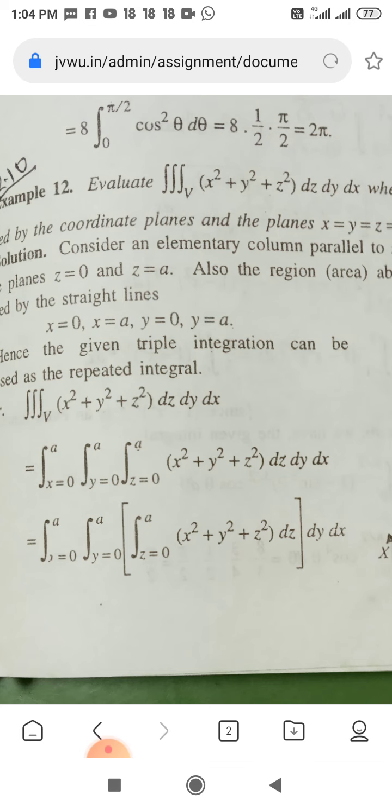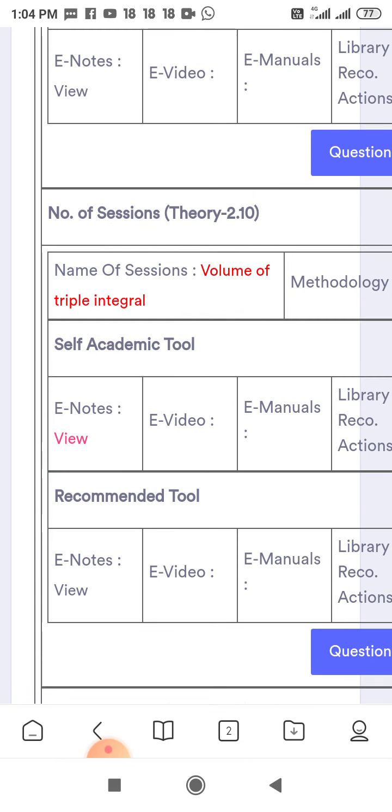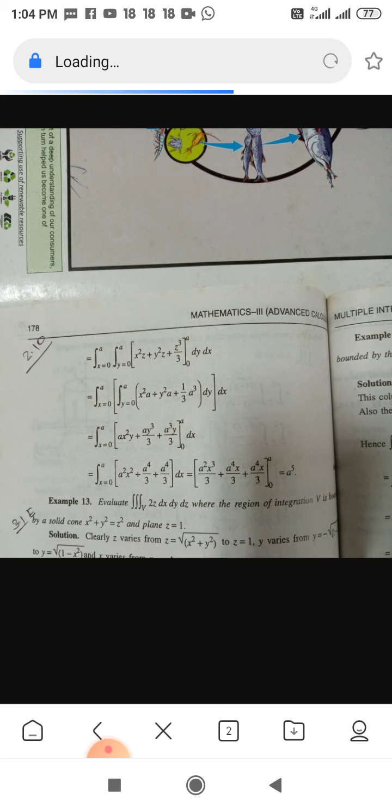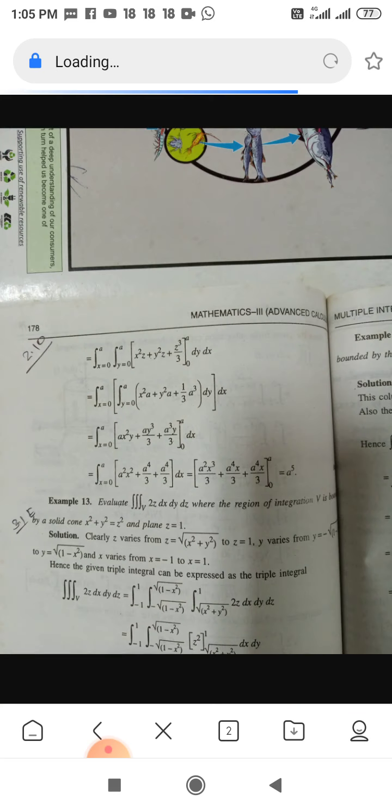So first of all it is integrated with respect to z, and x square and y square are treated as constants, and only the z function is integrated here. x square becomes x square z, y square becomes y square z, and z square becomes z cube upon 3, with lower limit 0 and upper limit a.